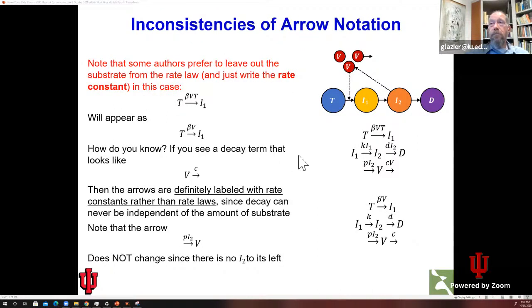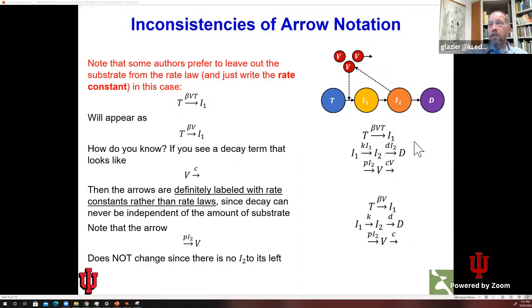Okay. One thing that you should be aware of, and we're going to run into it in the homework, is that just the way the arrow diagrams can be used, there are different conventions for the arrows. Dashed line for regulation versus lollipop, for example.